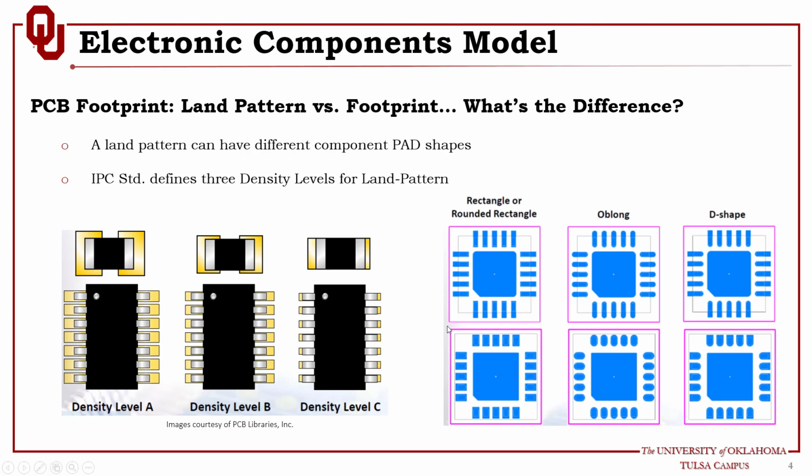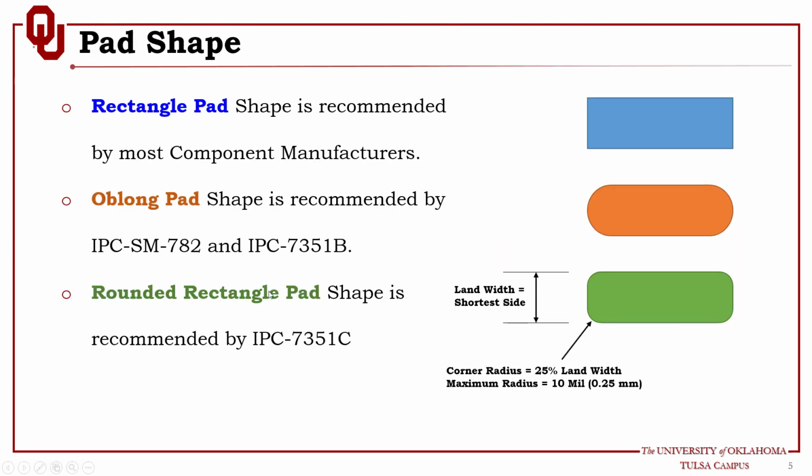And here are other examples as well. This is just a review for when we talk about land pattern and IPC standards later on during this session. So when it comes to pad shapes, most component manufacturers recommend the rectangle pad shape. This is this one, which is the standard.